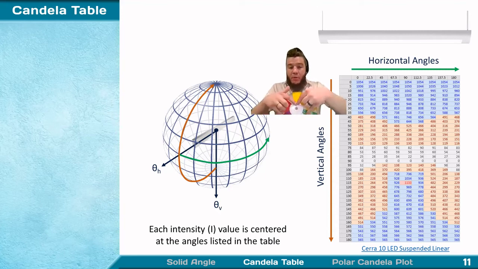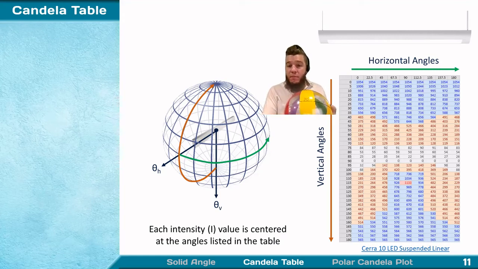So the boundaries of that will be at 11.25 and negative 11.25. So that is our patch right here. It's more circular than most of the other patches. As we come up, we're going to be looking at rectangular patches, right?